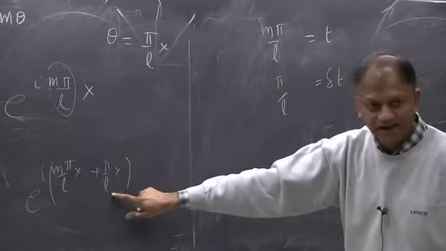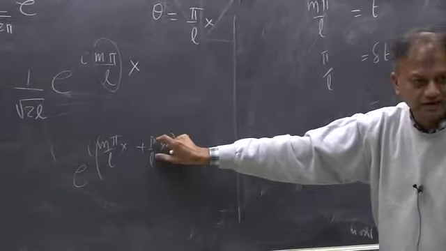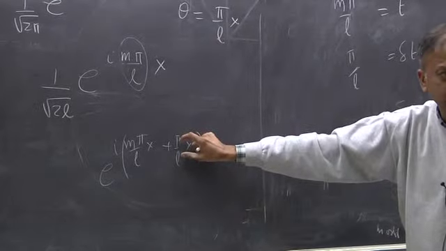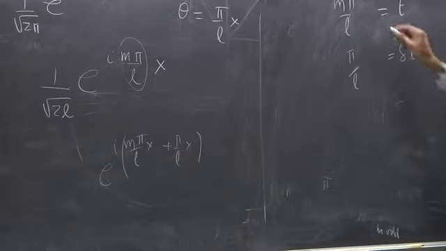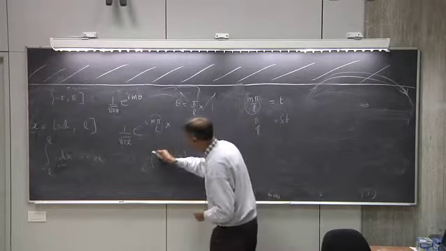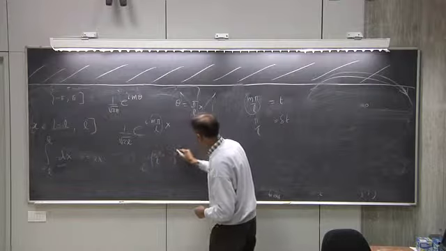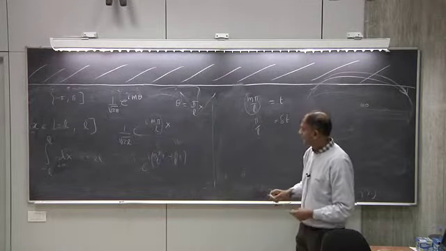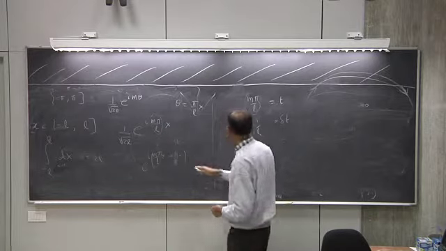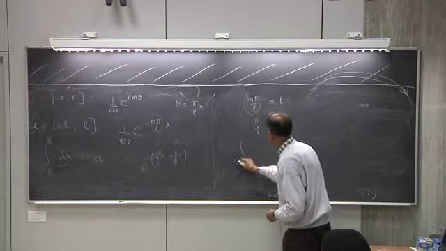So in the large L limit, this is a very infinitesimal amount, very, very small. So we call this delta t. I call this m pi by L as t, and this is delta t. Then this sum over m can be replaced by an integral dt.